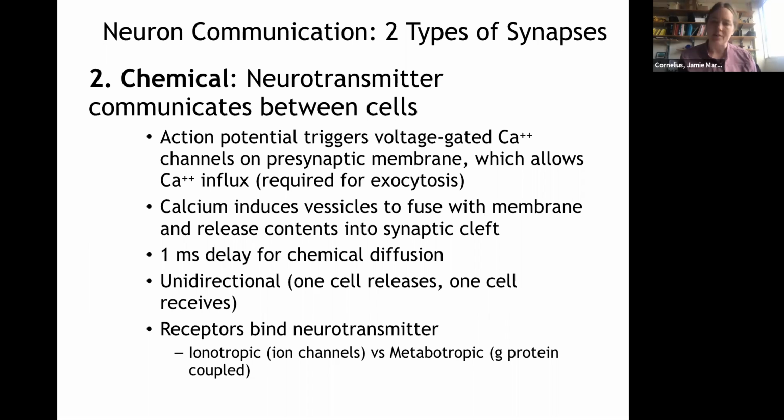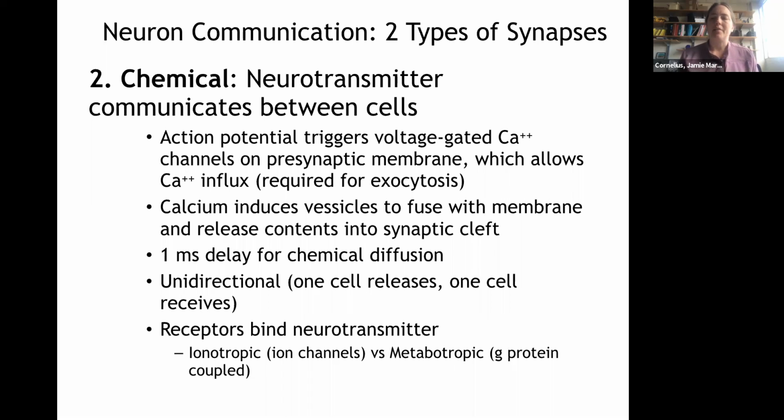But this kind of communication is unidirectional, and that's because you have the releasing cell that has all of the packets of neurotransmitter, and the system is set up to only communicate from the presynaptic neuron to the postsynaptic neuron, although there can be feedback that happens between the two cells to manipulate or influence sensitivity. So it's unidirectional with the exception of some feedback mechanisms that happen at some synapses.